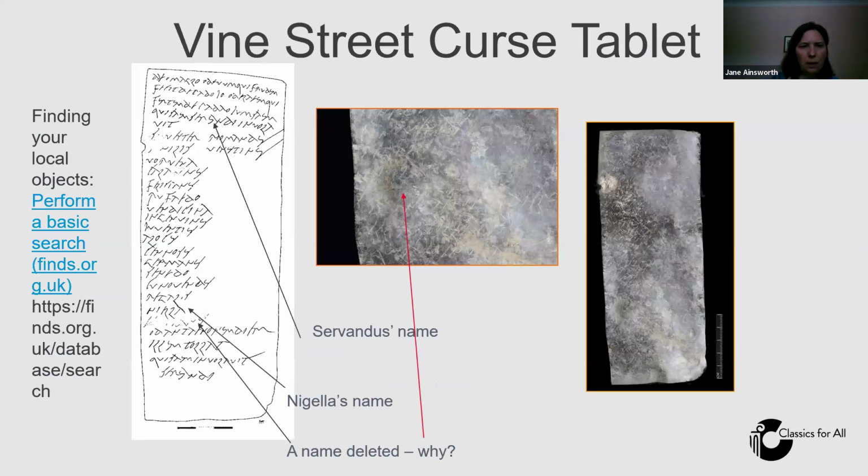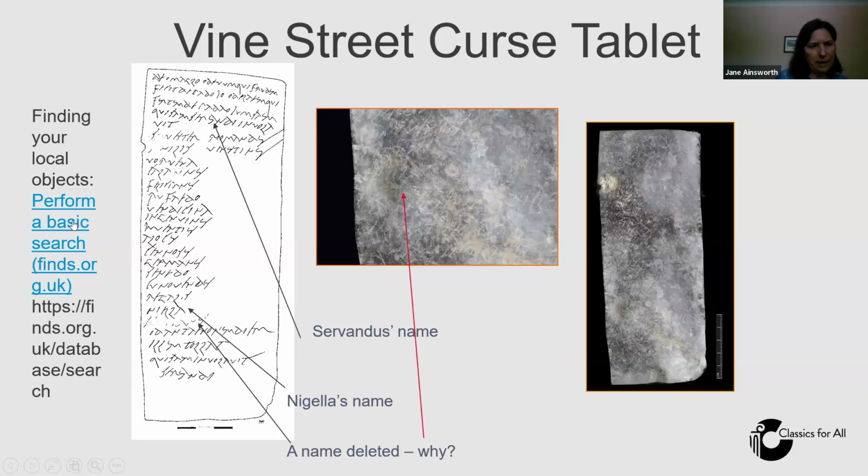Now, as I say, if you want to make this your local Roman history, there are a couple of ways that you can do that. You don't have to use the objects that we've got here. You can swap in objects from your local area. You can find objects from your local area using the Portable Antiquities Scheme.